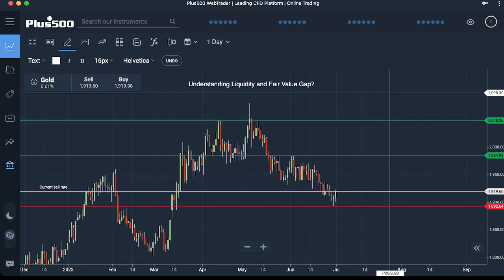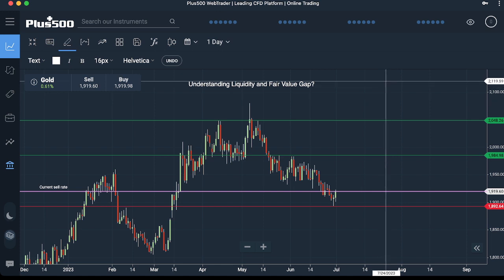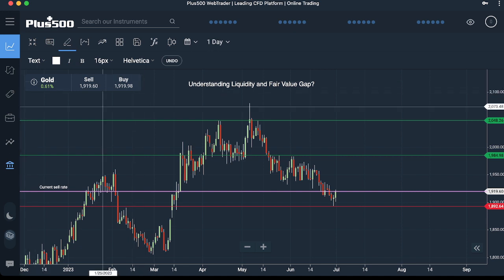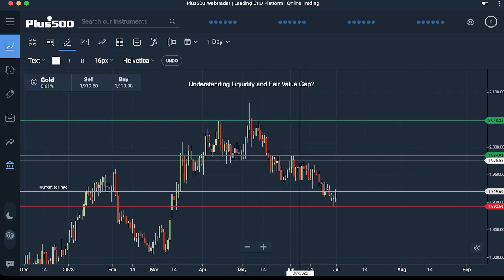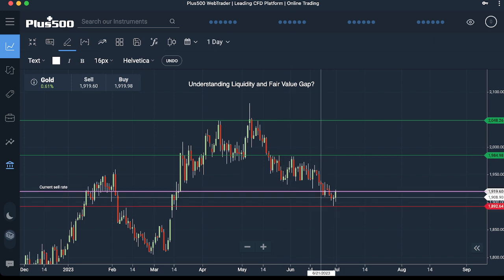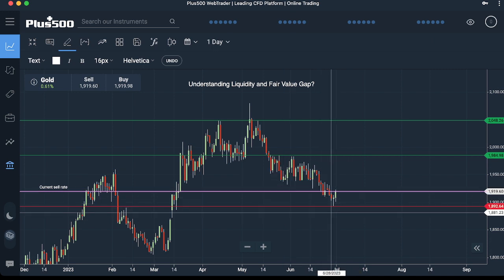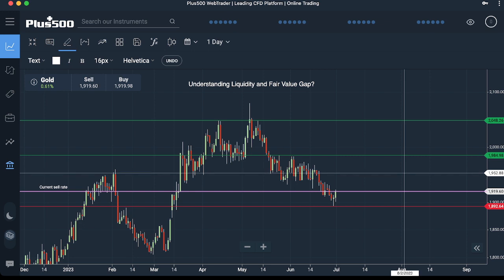Those green lines refer to valid swing highs, which we discussed in the last session about how to determine the valid swing high and swing low. So the two horizontal lines are shown in this daily chart for gold. We have two swing highs, and then recently, at the end of June, we got this recent valid swing low, which is highlighted with a red horizontal line.